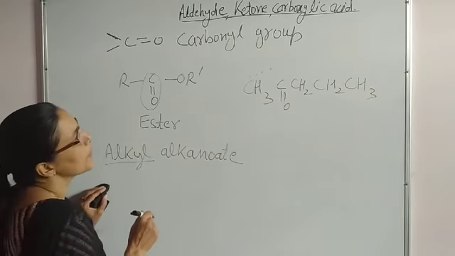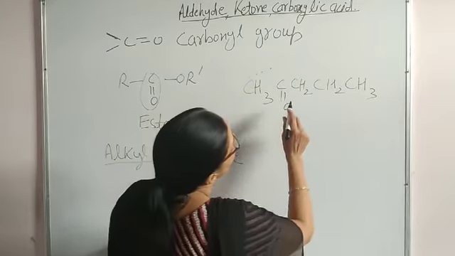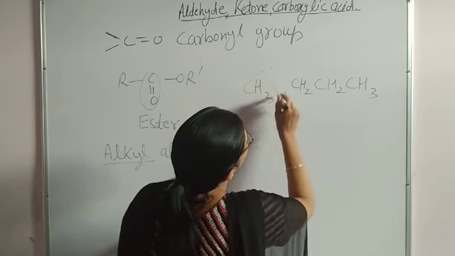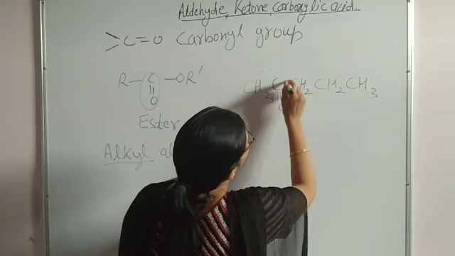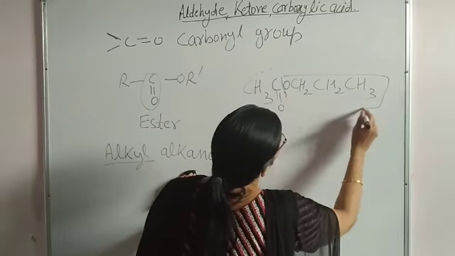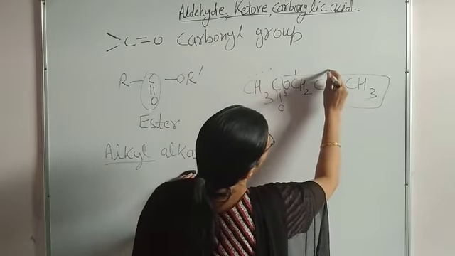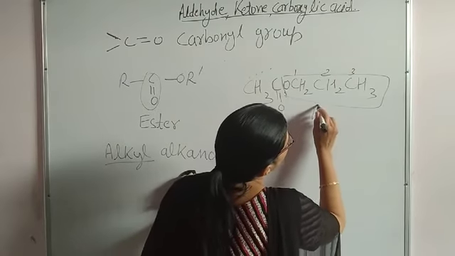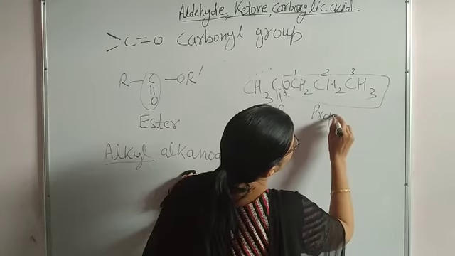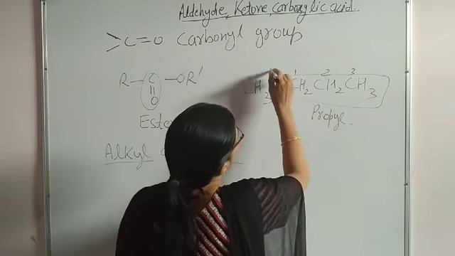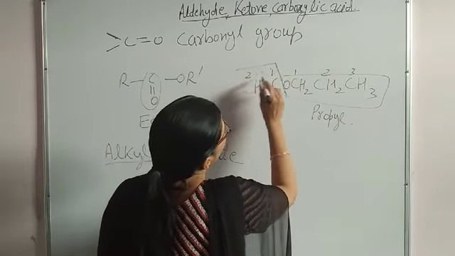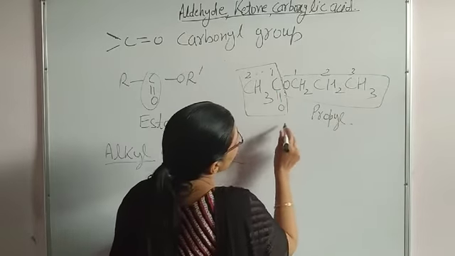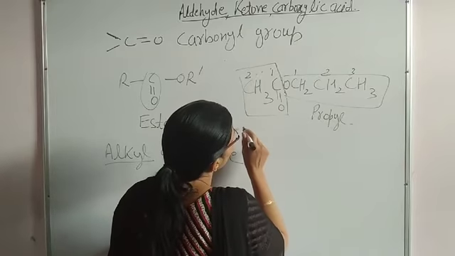This alkyl group stands for the oxygen attached group, so the oxygen attached group will be named in a different manner. So here you can say propyl. And here 2 times numbering will be needed: 1, 2, ethanoate.